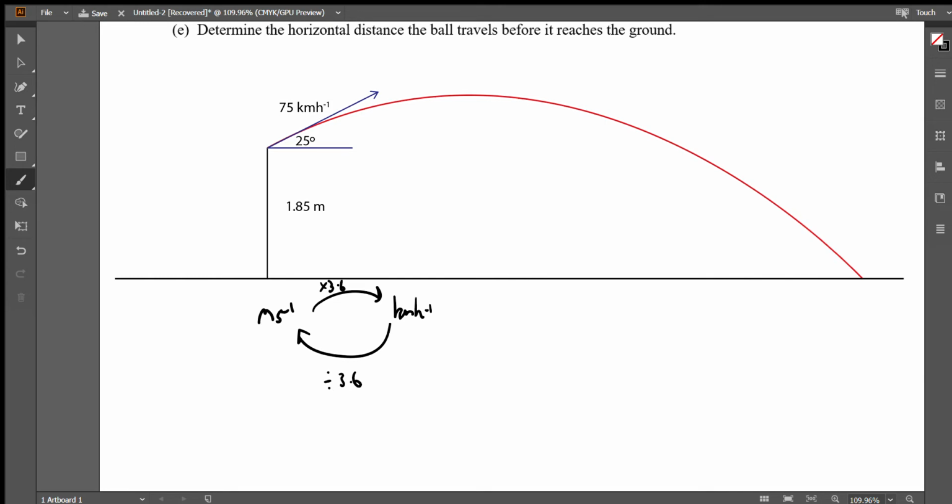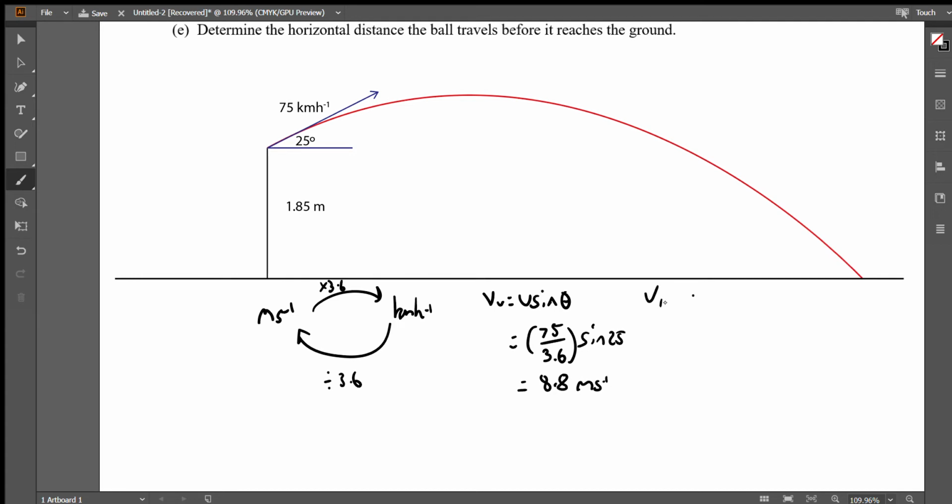So to work out the initial vertical and horizontal components, we'll do it all in one step. We know that the vertical is v sine theta, so here it will be 75 on 3.6 sine 25, which if we substitute in our calculator, we should get 8.8 meters per second.